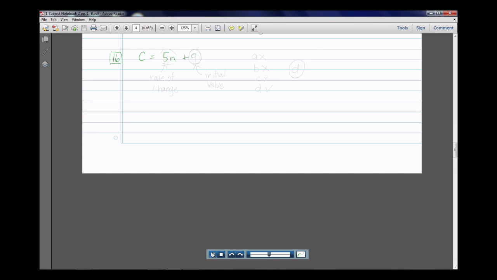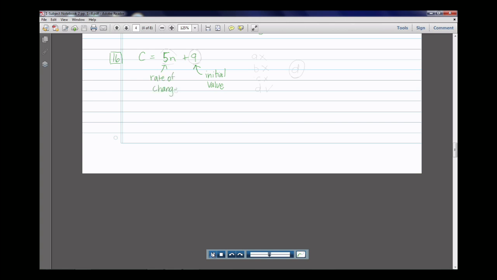When you have the number sitting by itself without a variable in a linear equation, that is your initial value. And the number that is multiplied by your independent variable is your rate of change.